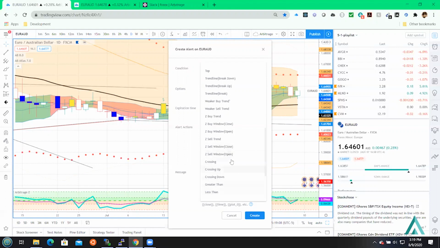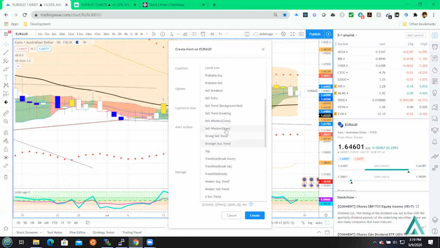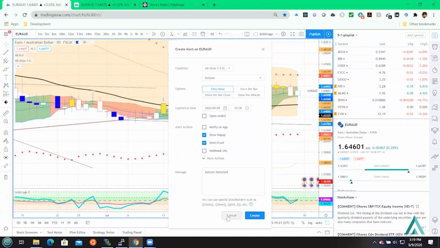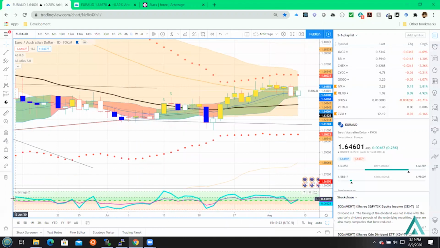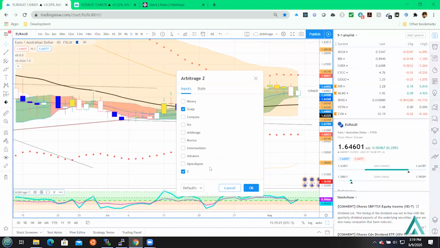So just to be clear on this, the difference between these and the regular open and the regular sell window and the regular buy window is that it's actually using the composite of that purple line. So in the Arbitrage Z indicator, you have all of the bands and then you have this composite, which is called Z. If Z itself says all of our probability, all the bands say we are actually pointing up, guess what?